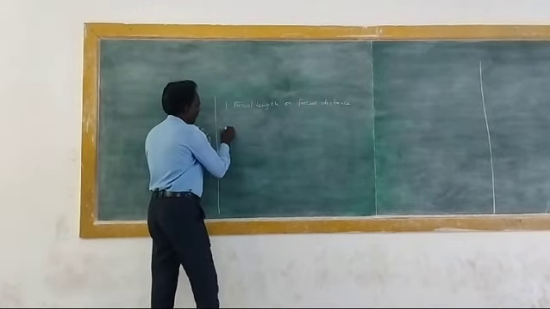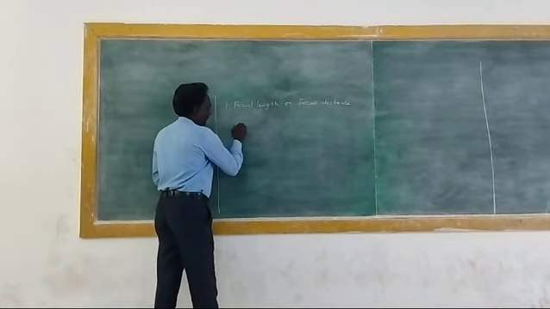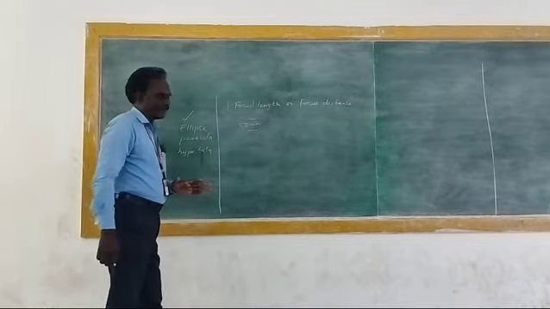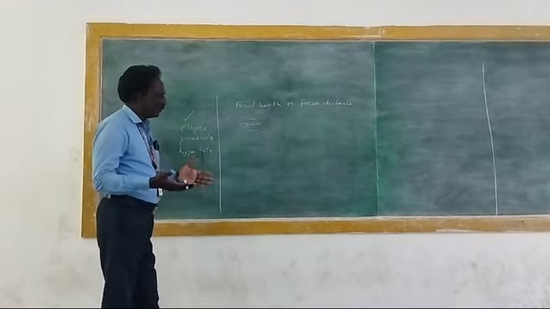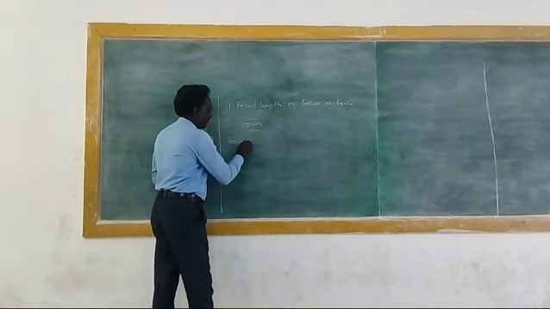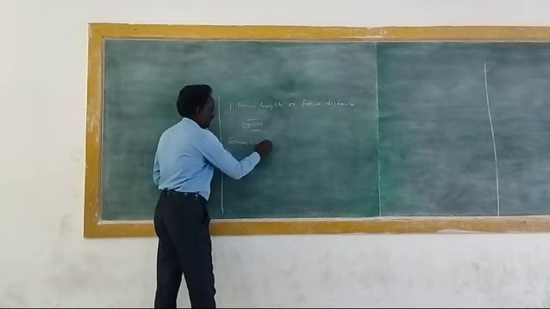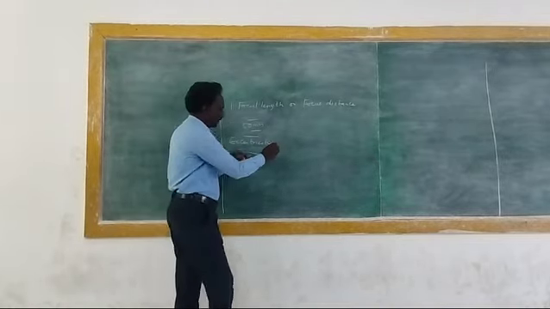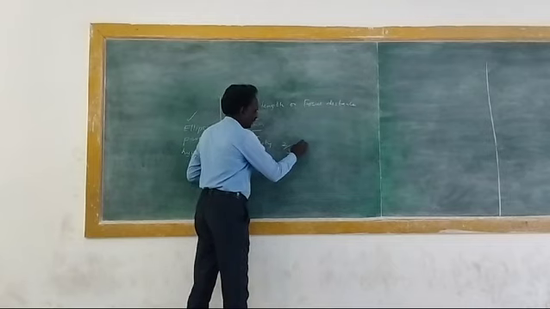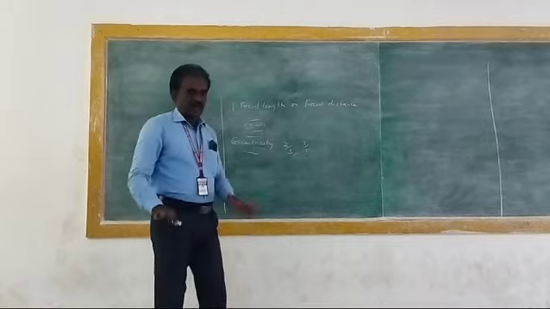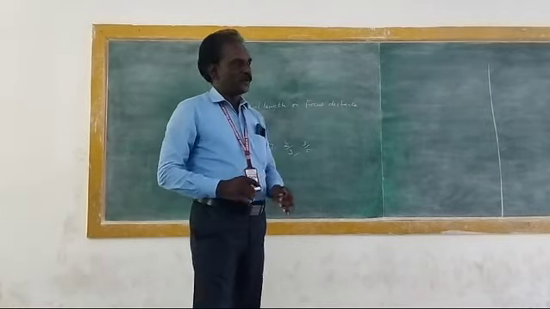For example, we can have focus distance as say 50 millimeter. Then we need one more data, eccentricity, some fraction: 2 by 3, 3 by 4. These two data will be enough for constructing this curve.